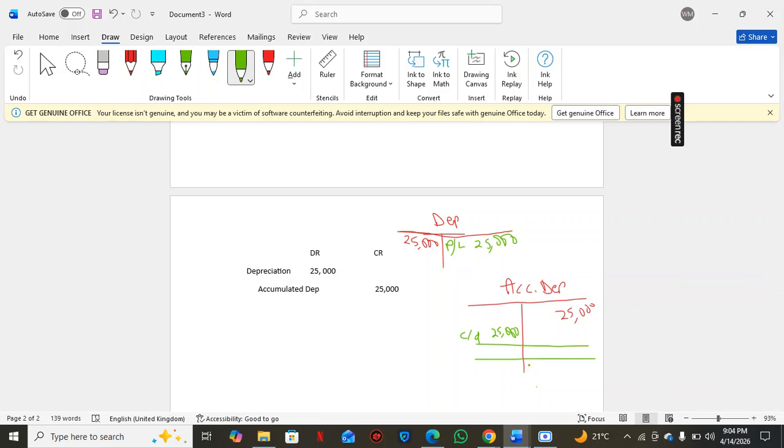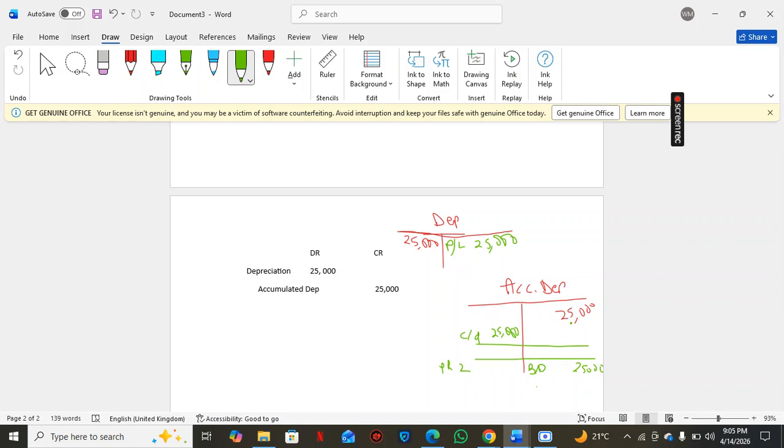Then the balance brought down for the next year comes here, 25,000. This is year two. Year one, we've closed it with accumulated depreciation of 25,000. So when we enter year two, the accumulated depreciation is starting at 25,000, as you are going to see once we start year two.